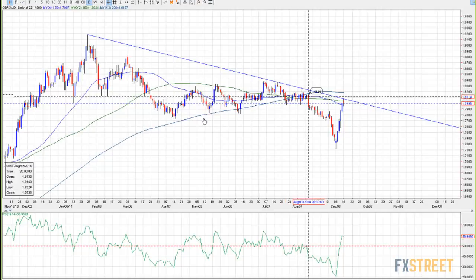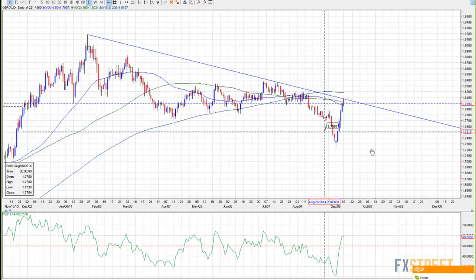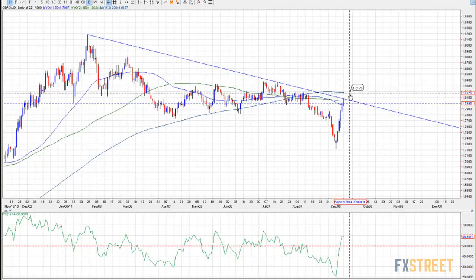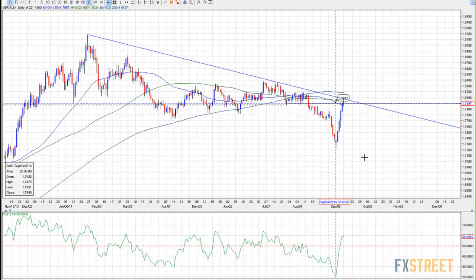Now, at 1.72 or just above 1.72, the market reversed last week. Price is right back into this cluster of moving averages, testing this falling trend line. The RSI is back to 60. This is actually a spot where we should anticipate sellers. The only thing I don't like is that there was such a sharp rally.